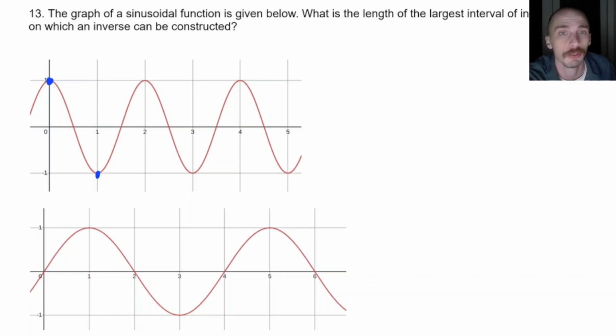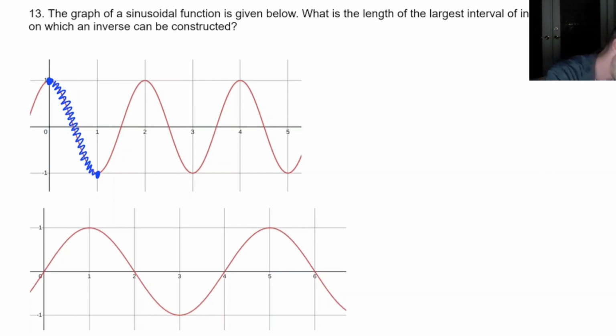We're not going to talk about injection, bijection, surjection in this class, as much as I would love to. For inverse trig, if we want to construct an inverse, the function has to be monotone increasing or monotone decreasing. I was going to leave it with that vocabulary.